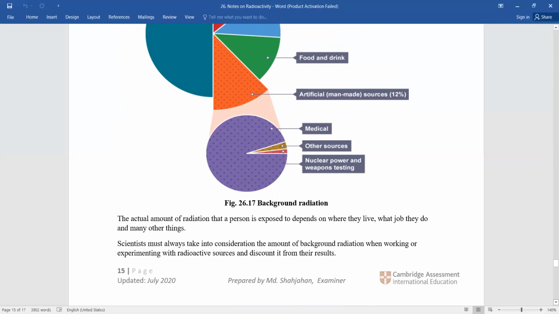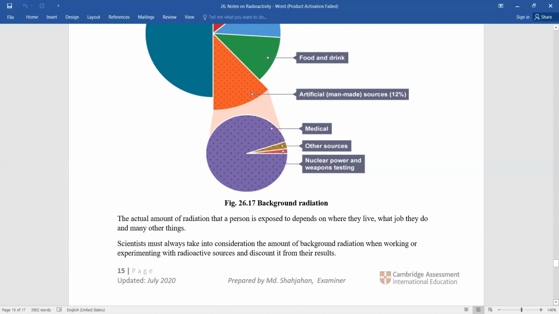Okay, clear, right? Yes. Sir, what type of question can come from this part? This part, the one I already told you: sometimes in our numericals, the background radiation count will be mentioned during calculating the half-life. So you will get some questions related to background radiation.